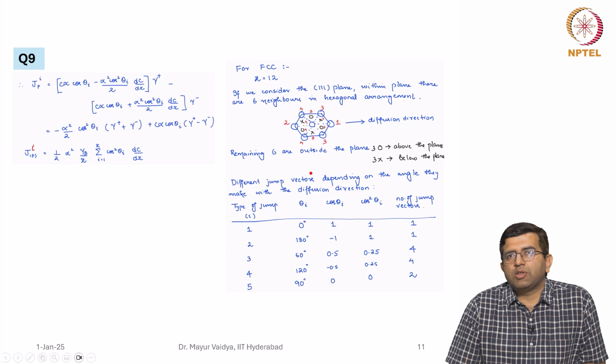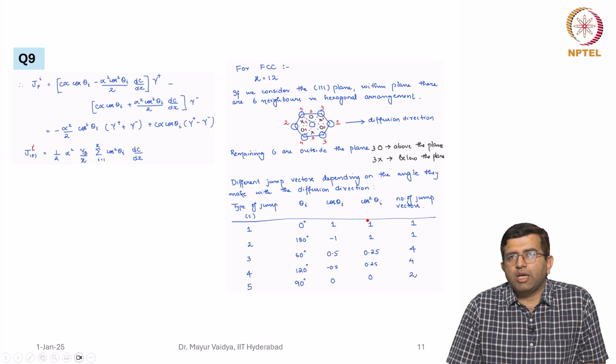For the position 3, there are 4 such possible sites where the angle is 60 degree. Accordingly, you take the cos square theta i. There are such 4 jump vectors. For the position 4, again there are 4 jump vectors and the angle is 120 degrees, and for the position 5 there are 2 jump vectors which are perpendicular.